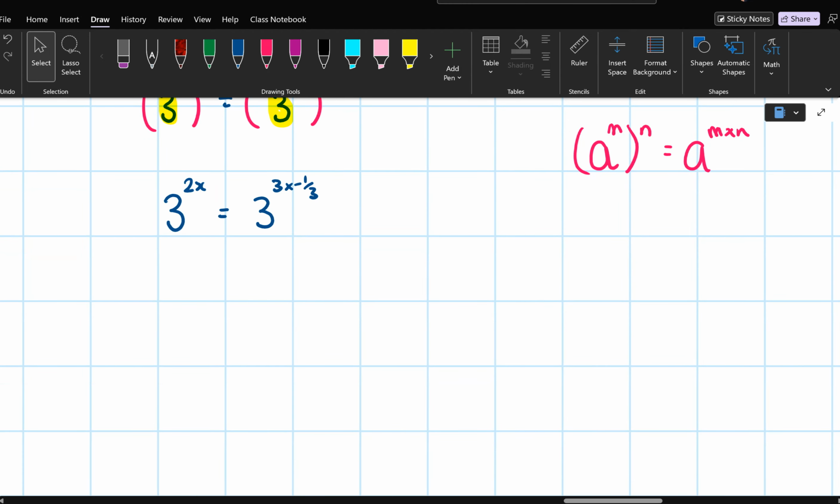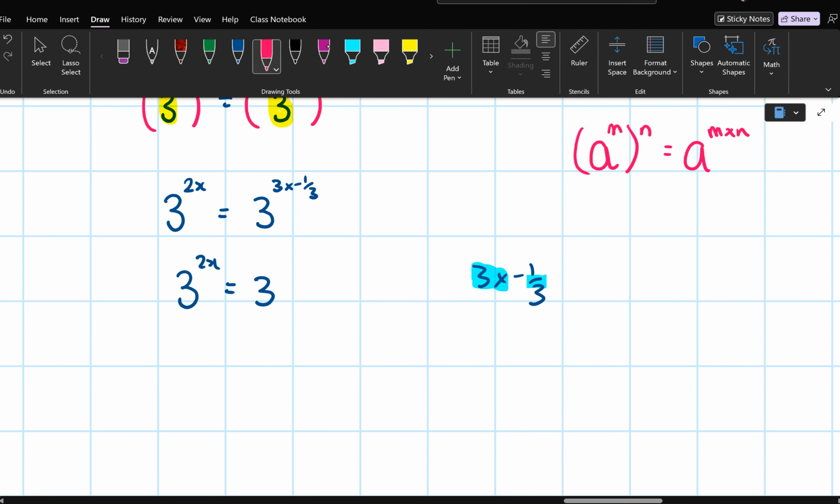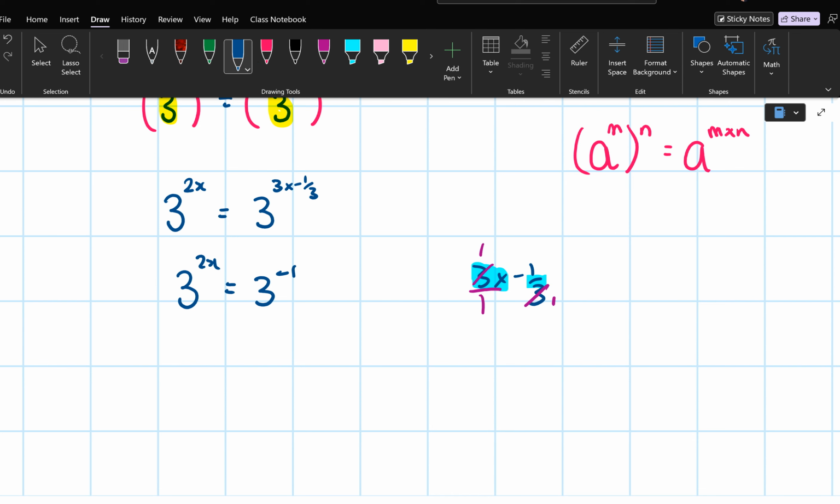What you can see now is that it simplifies to 3 to the power of 2x is equal to 3 to the power of, now 3 times a negative a third. Hopefully you realize that there's a divide 3 and a times 3. They're going to cancel out, or you can cross simplify them when you do the fraction. So 3 divided by 3 is 1, and you end up with negative 1.